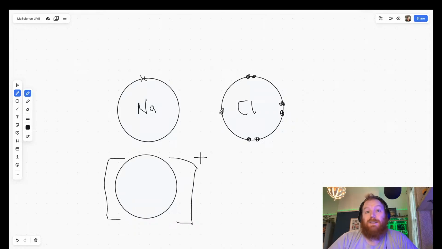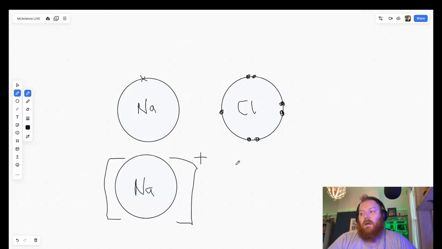So because sodium's getting rid of one, well, our chlorine can have it, basically. So sodium then has a full outer shell, chlorine has a full outer shell, but sodium has a positive charge, chlorine would then have a negative charge.